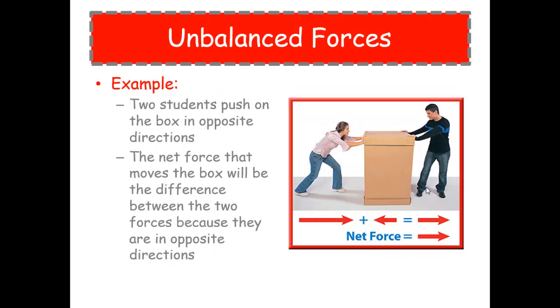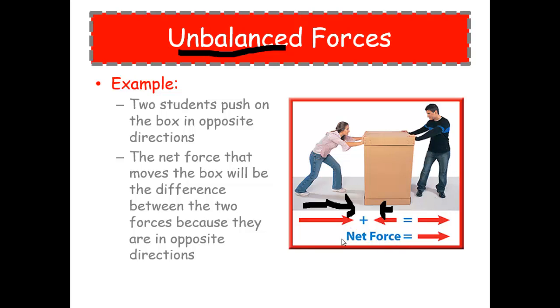You can think about it this way too. Here's another example of unbalanced forces. You have two people, again pushing on opposite sides of the box. But look, this lady here is pushing the box with a larger force than the gentleman, which still kind of cracks me up. You've got this smaller gal and this bigger guy, but she's pushing harder.